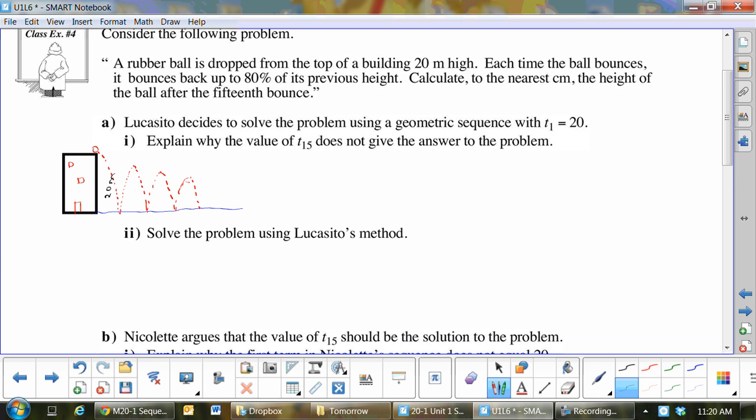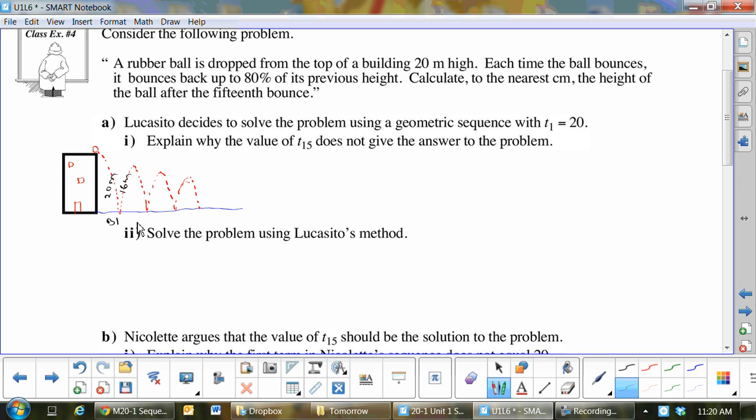So we're going to write 20 meters by a little dashed line that doesn't exist, right? Because it's an imaginary line. How high will it bounce? 16 meters. So everybody put a 16 meters here. Why don't we call this B1?